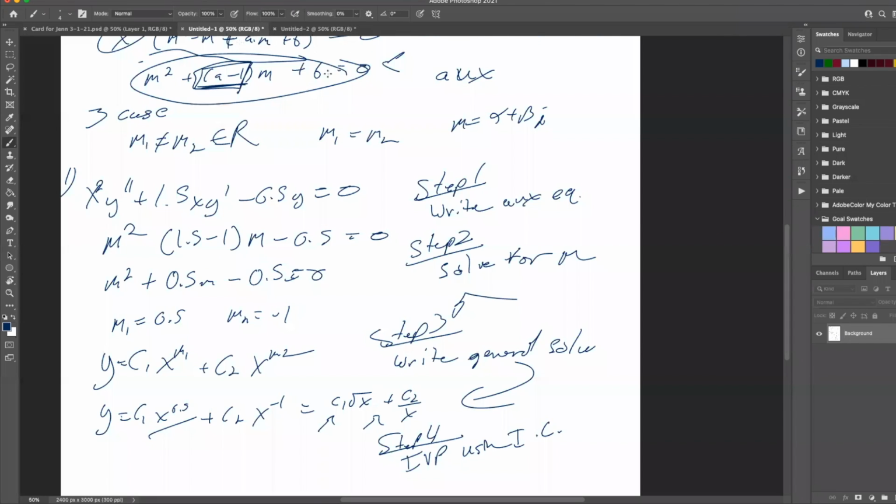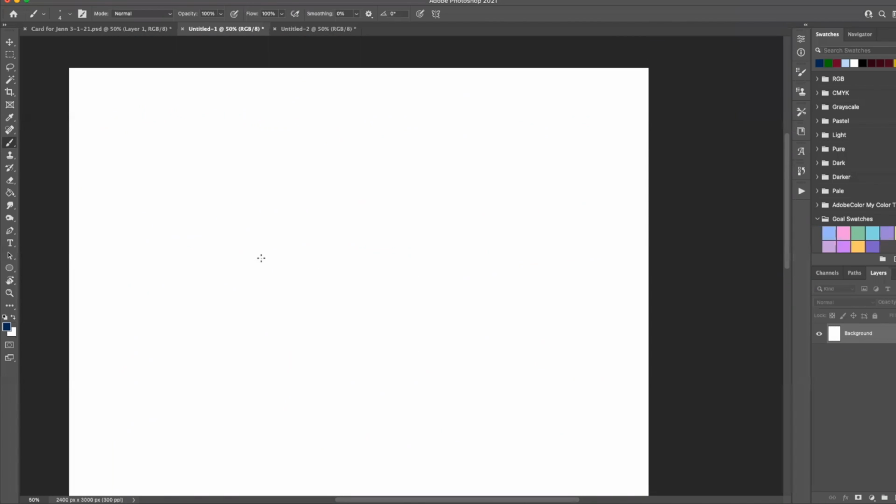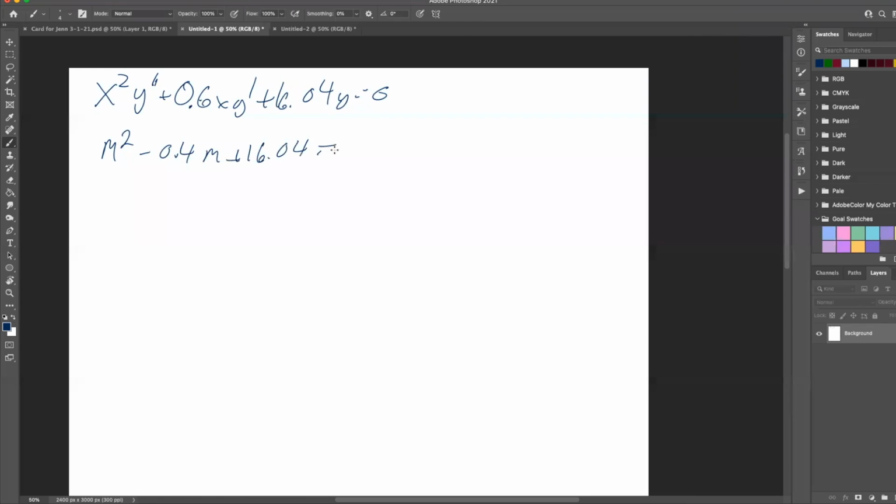Let's go back to this page and do a quick example. So we have x squared y double prime minus 0.4x y prime plus 16.04y equals 0. When I write out my equation, this will be minus 0.4. Remember to take the negative. So m squared minus 0.4m plus 16.04 equals 0.